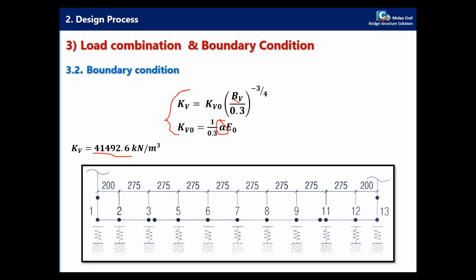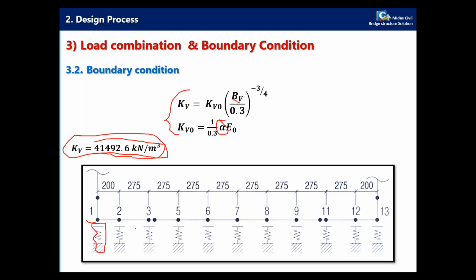I will not go deep in explanation, because this value is determined by experiment. So you can ask the geotechnical engineer to get this subgrade reaction. After getting this subgrade reaction, you can calculate the stiffness of this spring.